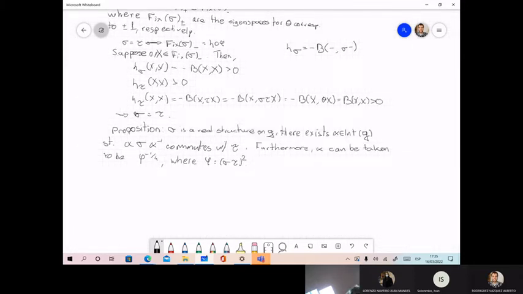Okay, why is this? So let phi equal sigma tau squared. Then we have the following.